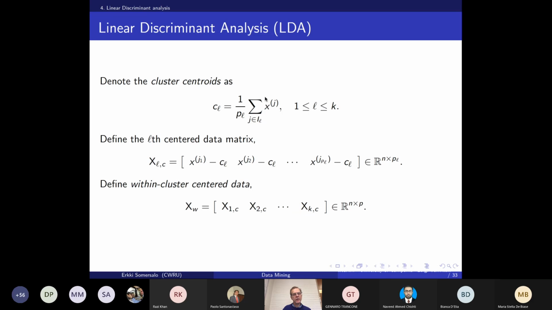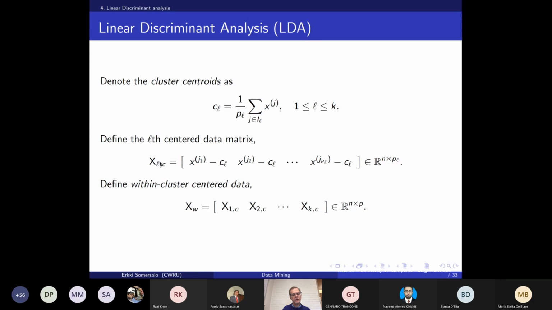So I'm taking the average of my data vectors which belong to the lth cluster, and then I'm centering my lth cluster. So I'm taking all vectors which belong to the L cluster, I'm subtracting their mean value from them. And I will show you a figure of what I'm doing here. So this is the centered L cluster.